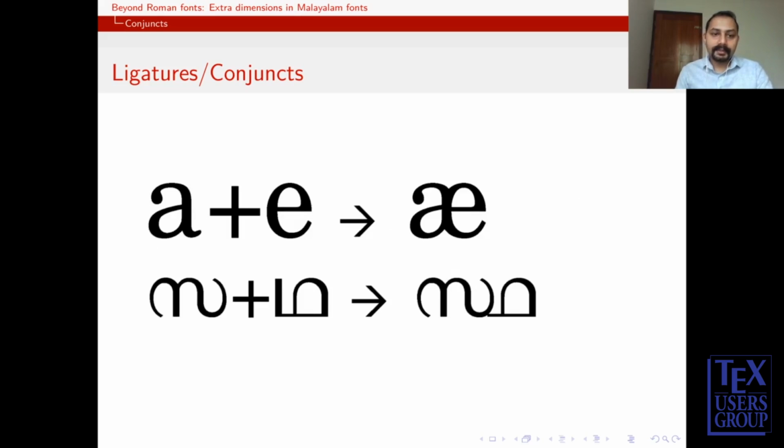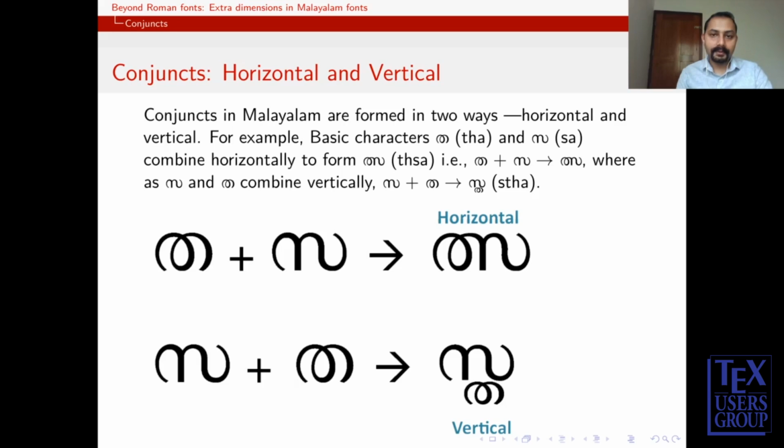In this example, you can see the Latin ligature A and E together forms a distinct glyph. And similarly, the Malayalam characters sa and tha combine horizontally to form the conjunct stha. But unlike Latin fonts, which also have diacritics which can appear above base or below base, Malayalam has conjuncts that form horizontally as well as vertically.